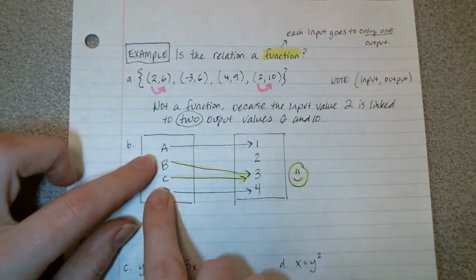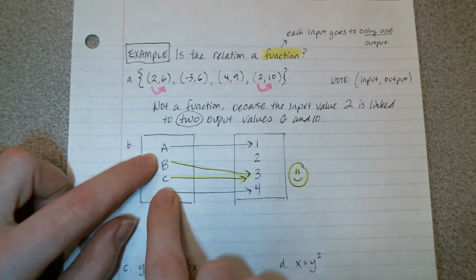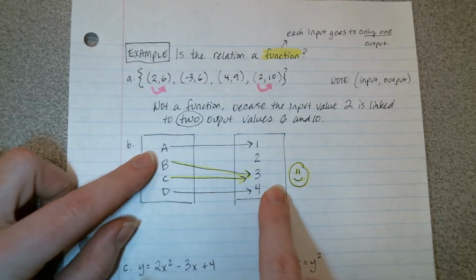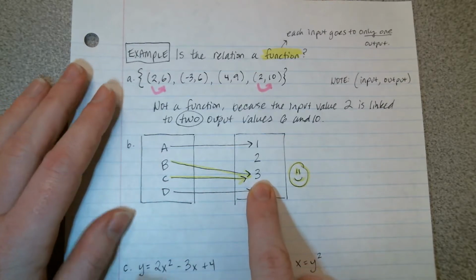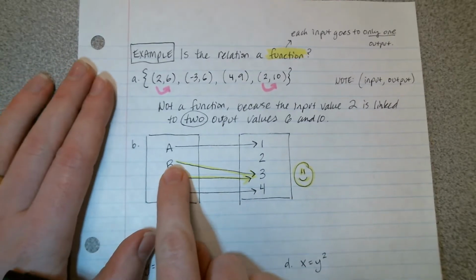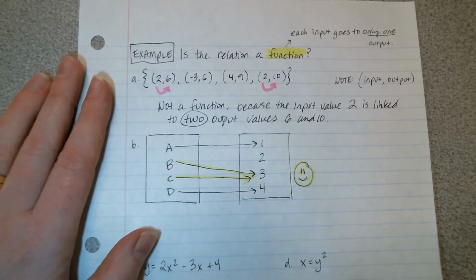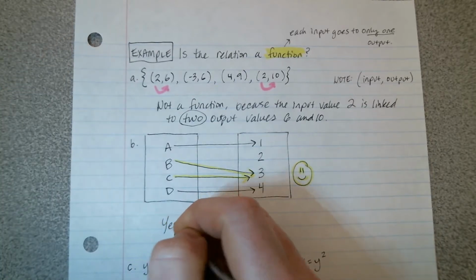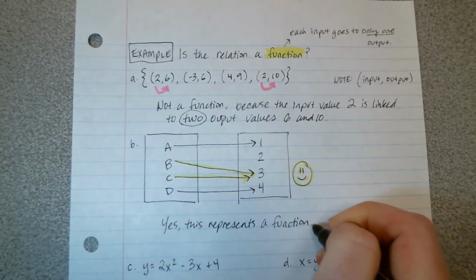But myself and a different person, so 2 different inputs, could both show up at the same restaurant, and that would be fine. So what matters here is that each input is only pointing towards one output. That definitely is a function.